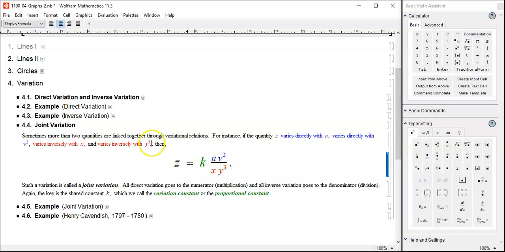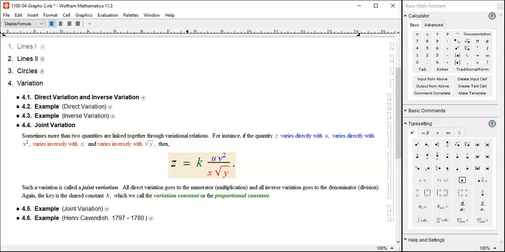And you can change those powers. If this one says not just y cubed, but say for example square root of y, then you have to change this one into square root of y. The problem will probably be given like this, inversely with the square root of y, and then you'll have to write like this.